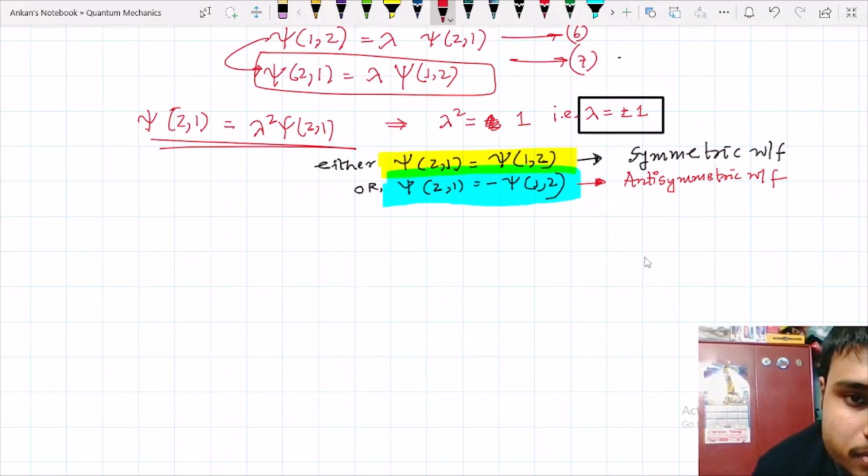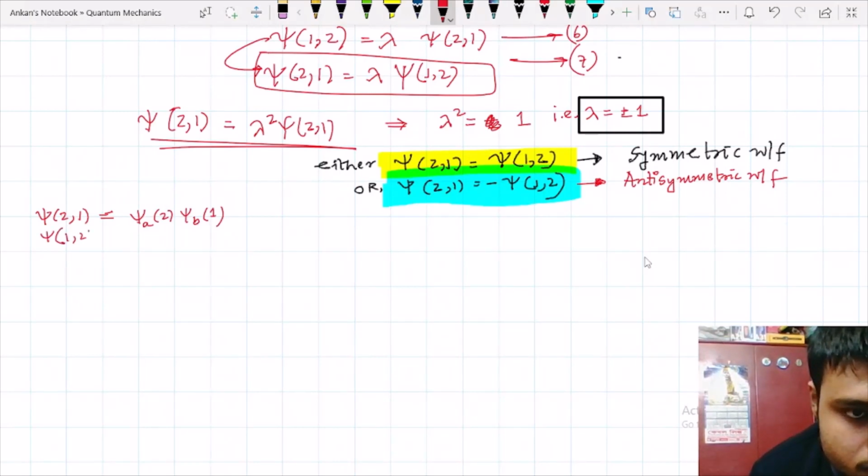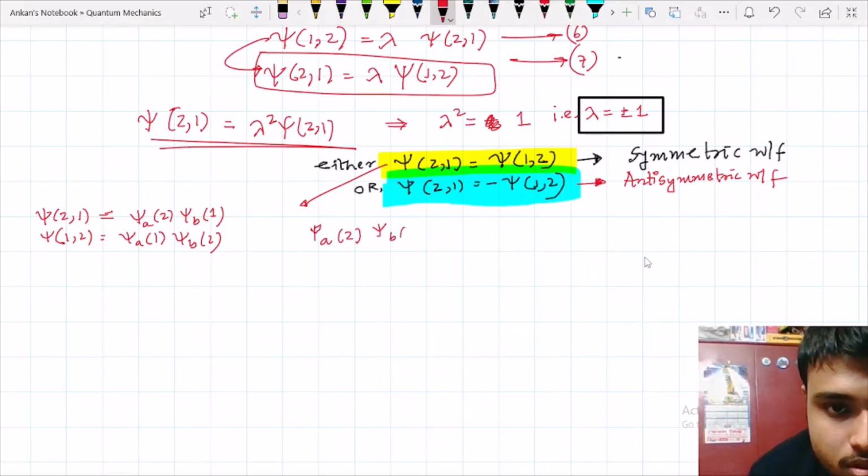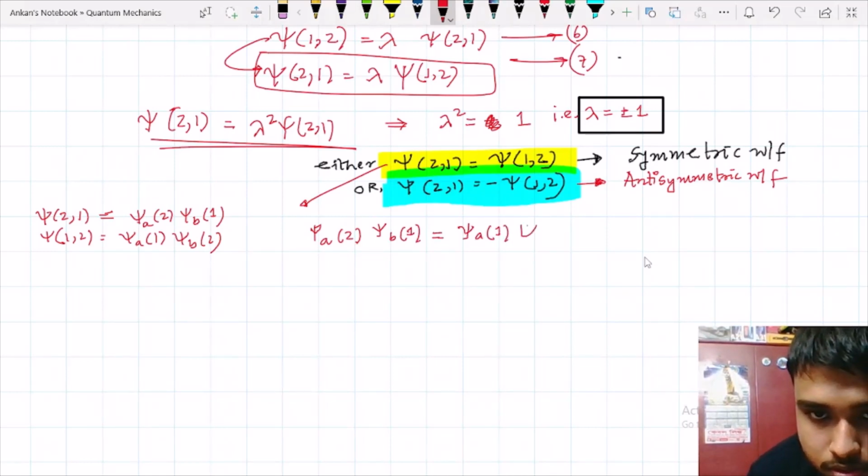So if we explain this, psi21, I have written already at the starting of this. This is nothing but psi a2 psi b1 and psi12 is psi a1 psi b2. So from the first case we can write psi a2 psi b1 is equal to psi a1 psi b2.